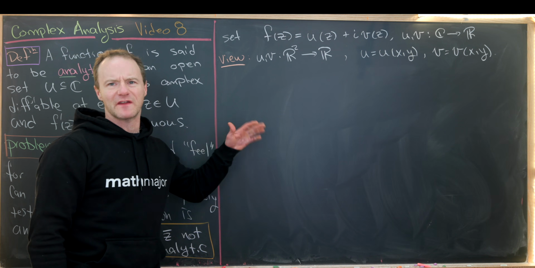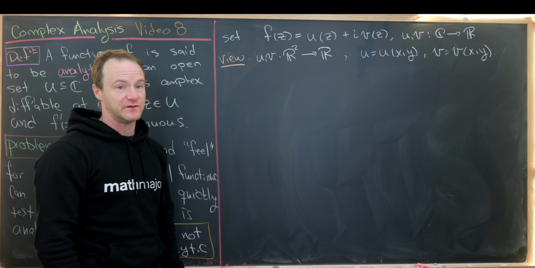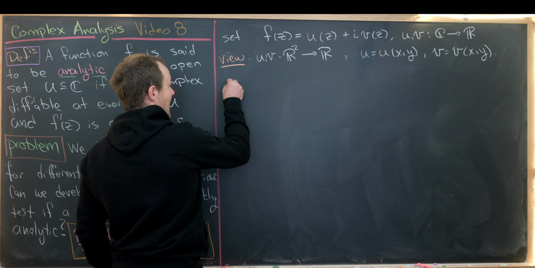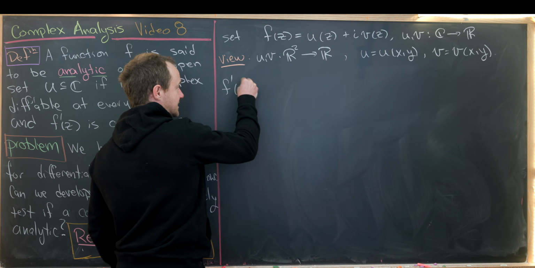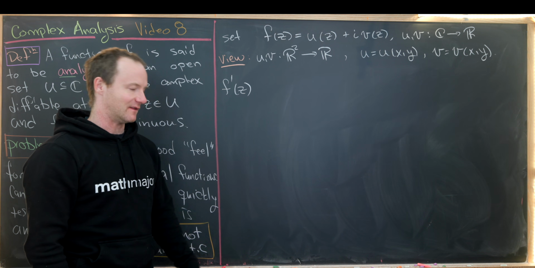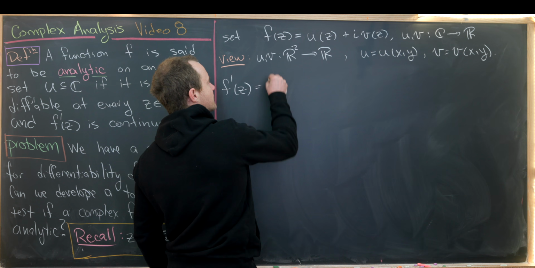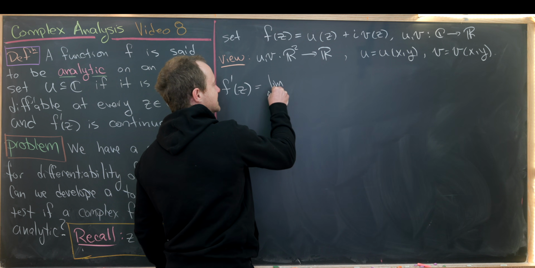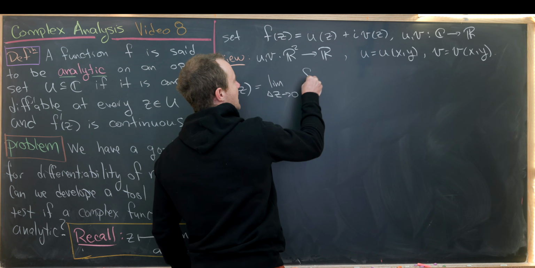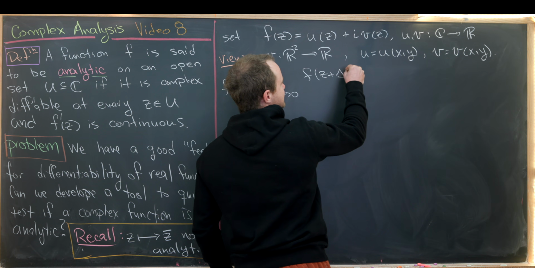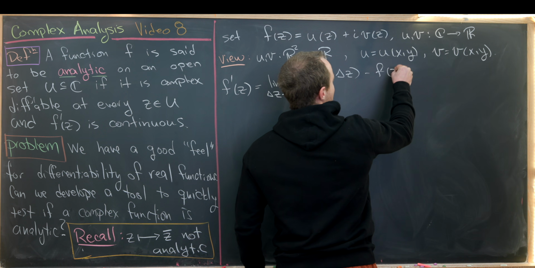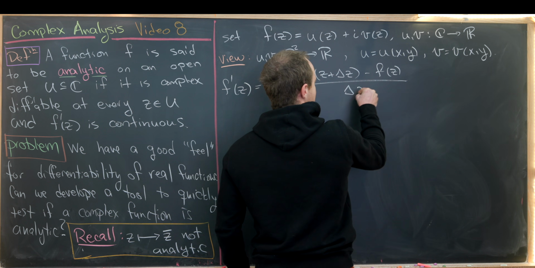Okay, so now that we've got this mind shift, let's look at f prime of z. Let's assume that f is analytic and see where this takes us. We can rewrite this as the limit as delta z goes to 0 of f of z plus delta z minus f of z, over delta z.